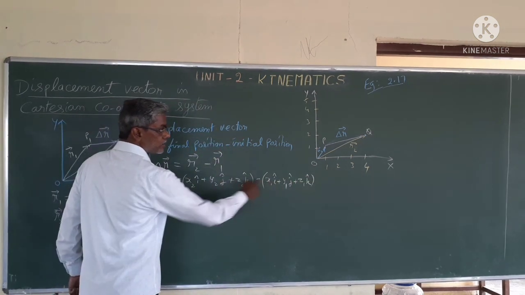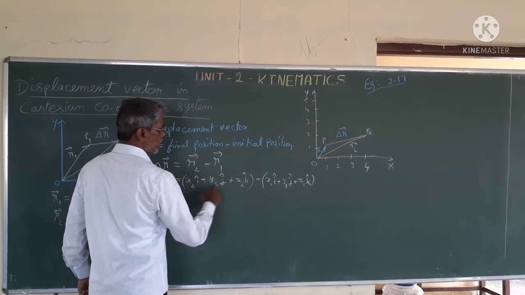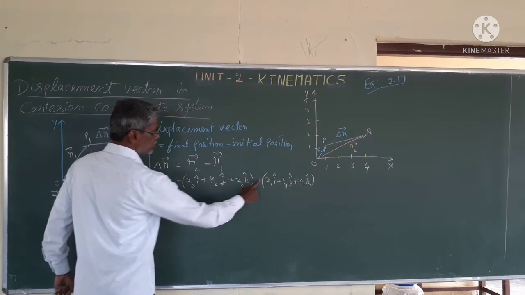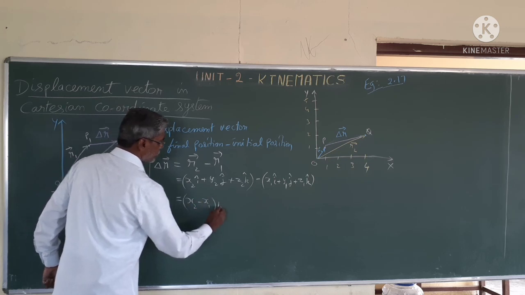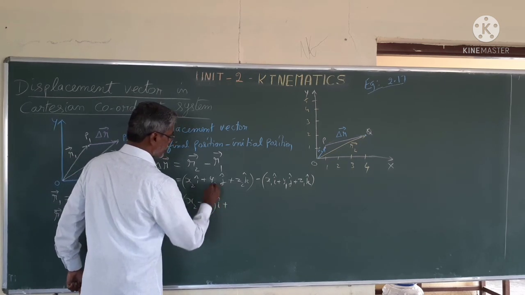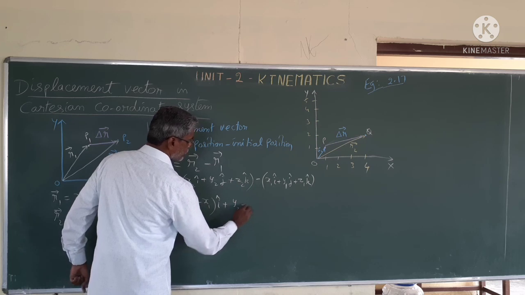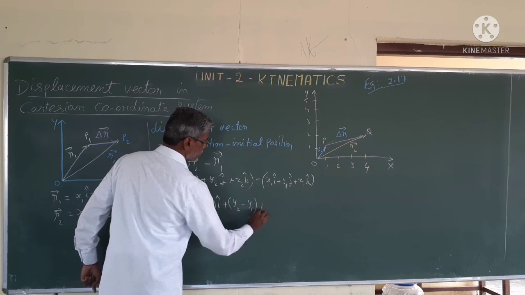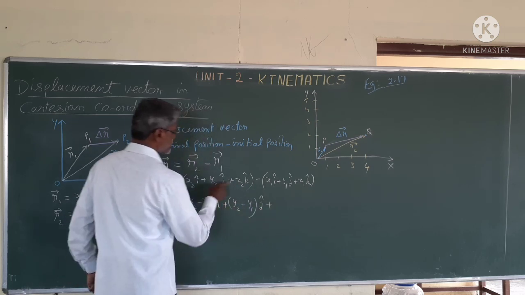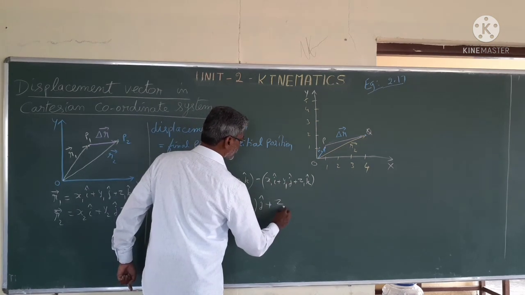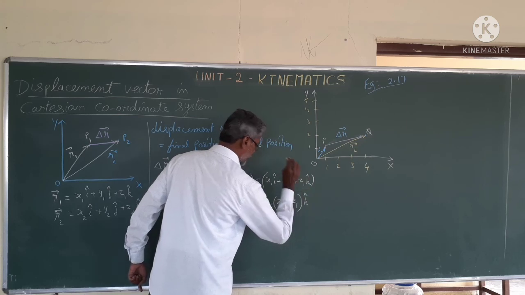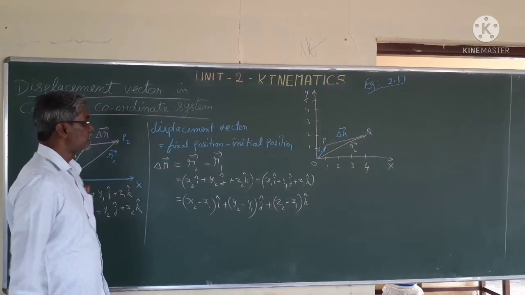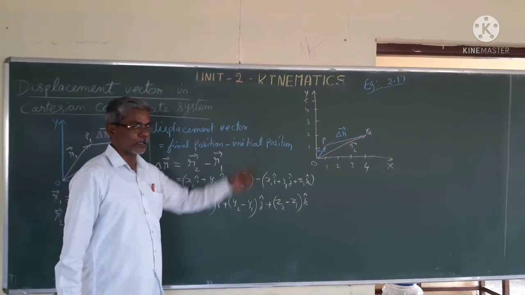You subtract the i, j and k coordinates. So x2 minus x1 into i cap plus y2 minus y1 into j cap plus z2 minus z1 the whole k cap. This will give the displacement vector.